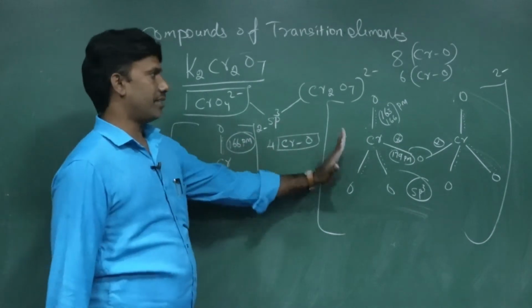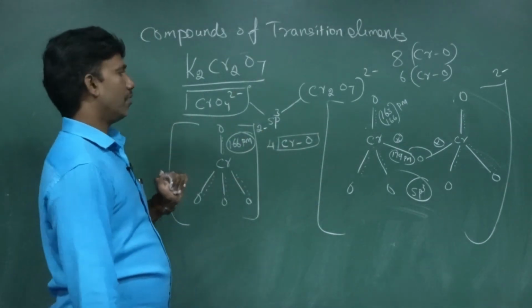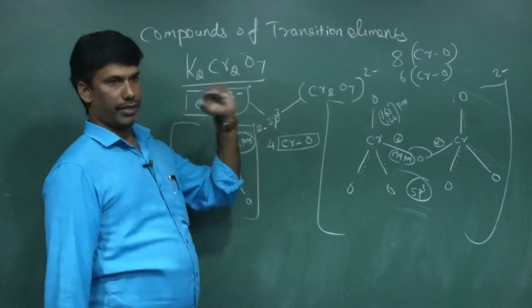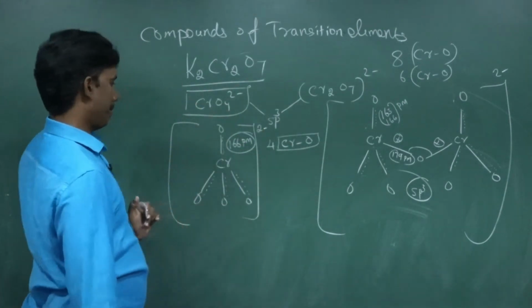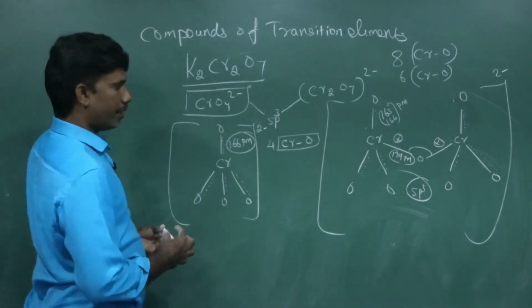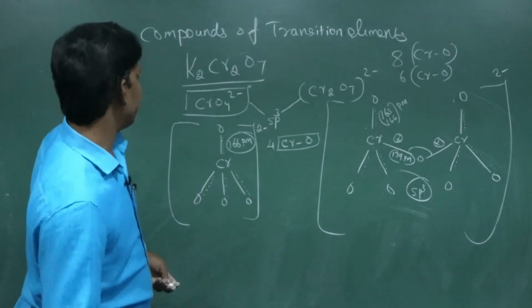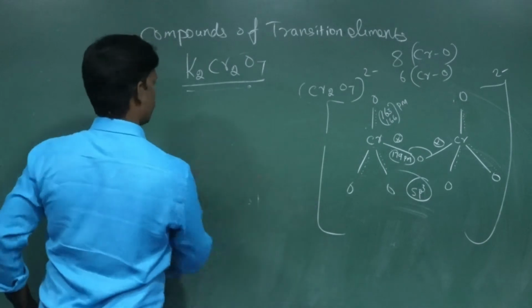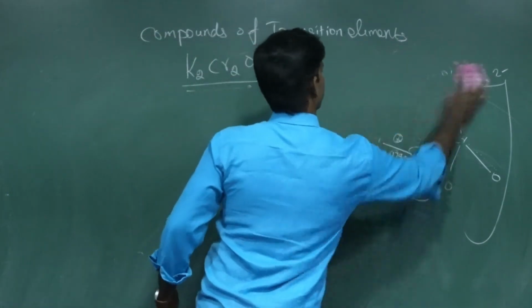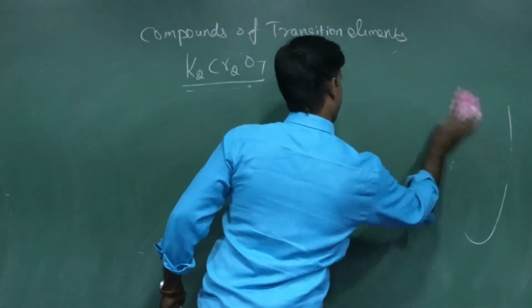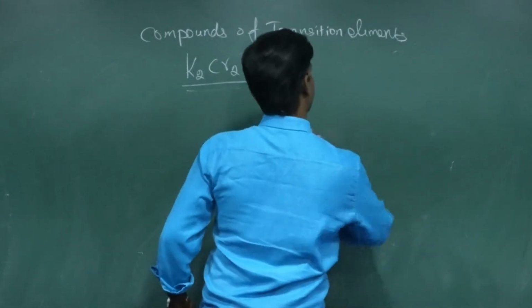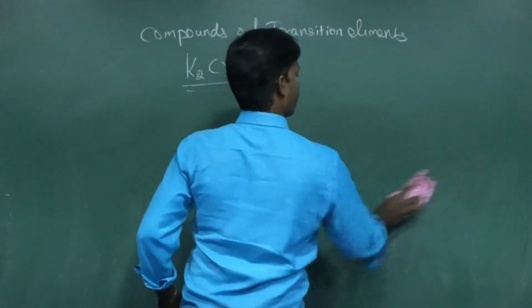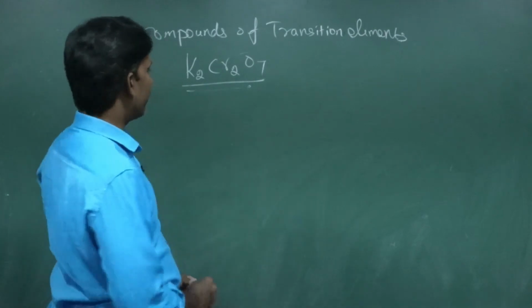These are the structures of the chromate ion and the dichromate ion. The predominant existence we can write like this for both chromate and dichromate ion.